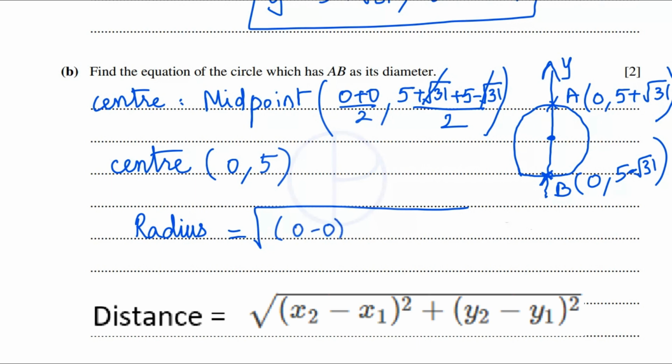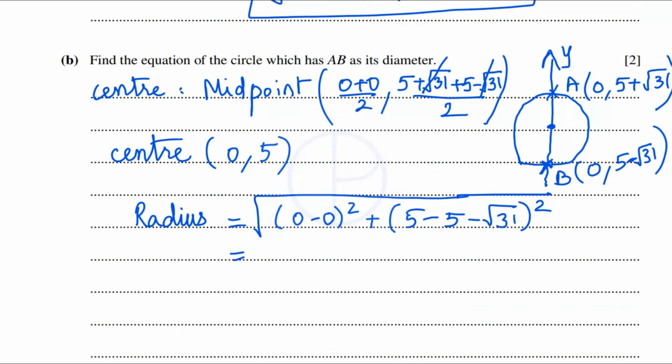So 0 minus 0 the whole square plus 5 minus 5 minus square root of 31 the whole square. So 0 and these two get cancelled. So minus square root of 31 square. This square and that square root get cancelled. But still we have one square root. The radius is square root of 31.